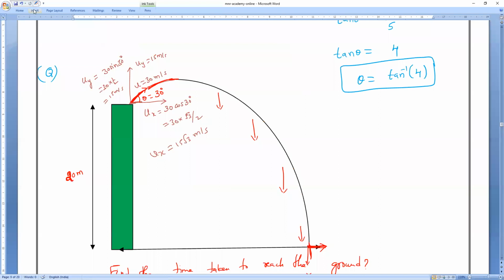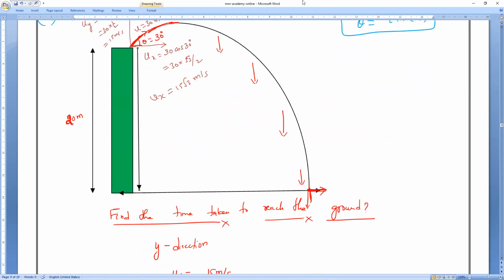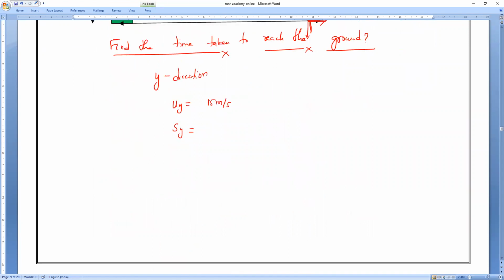I already taught you, which is equal to the height of the tower, 20 meters. So the displacement in Y direction is Sy equal to minus 20 meters. That is the displacement shown by the body. Next, what is the acceleration in Y direction? Minus 10.